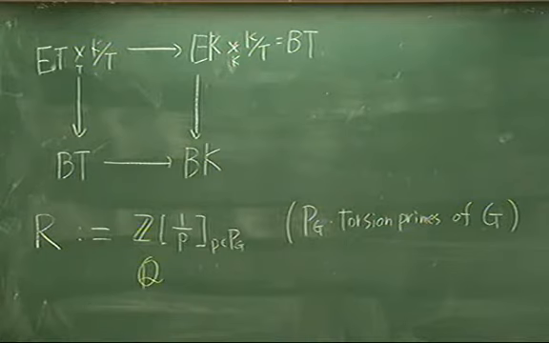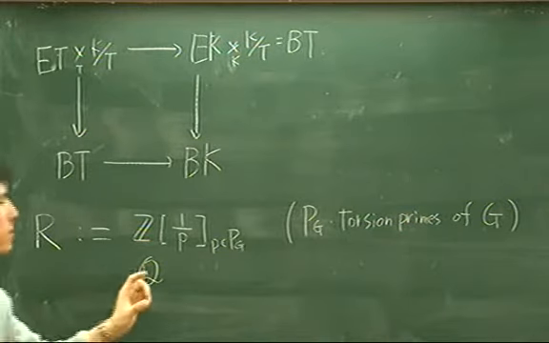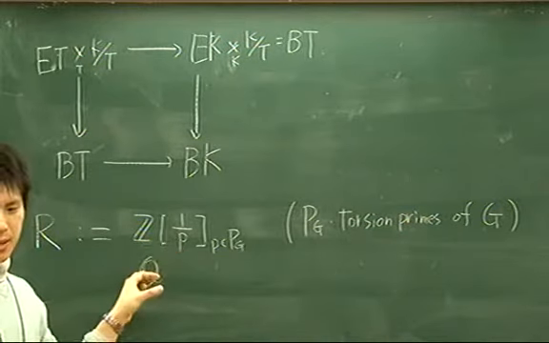So torsion prime is, if you consider the homology of G, then rational cohomology is very easy, but there are some torsions. So torsion prime is where the torsion sits.